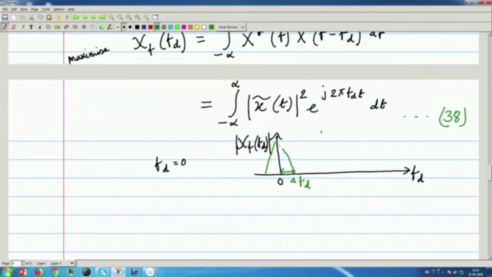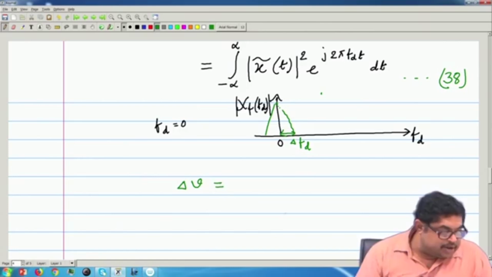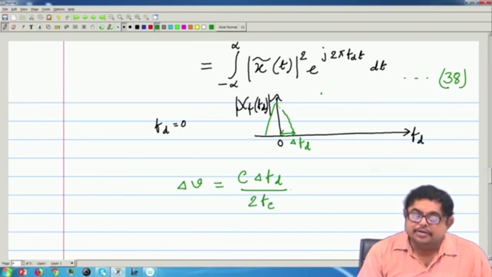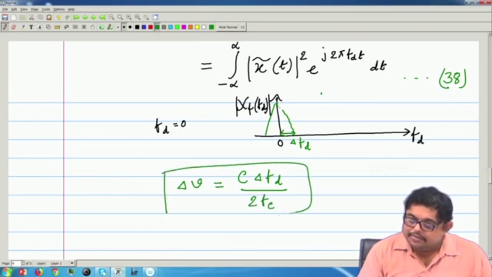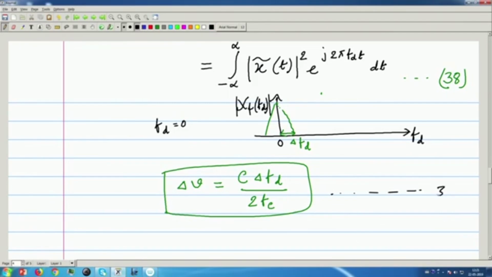So, from the graph again the same concept, and so we can get that delta v, the velocity resolution, that will be c delta f d by 2 f c. So, this is our velocity resolution, ultimately what we are looking for. So, I think we should give it a number, equation number 39.